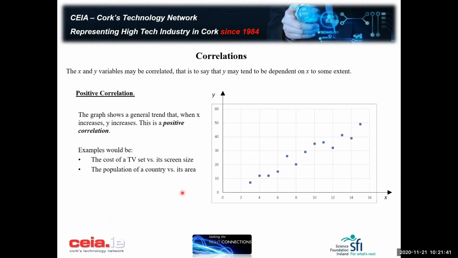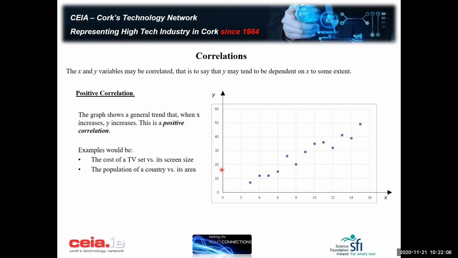Now, one of the reasons you do those scatter plots is to look for correlations, to see if there is any dependency of one variable on the other. For example, you could have a positive correlation where as one of the variables increases, the other one tends to increase as well. So you get an upward slope on average.